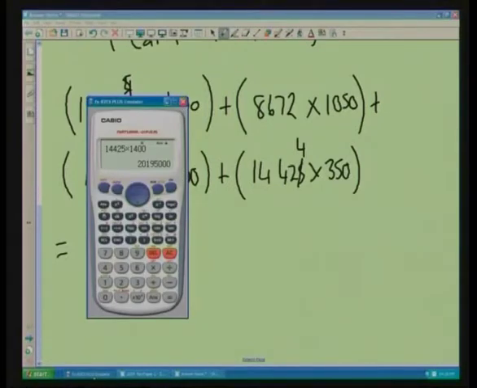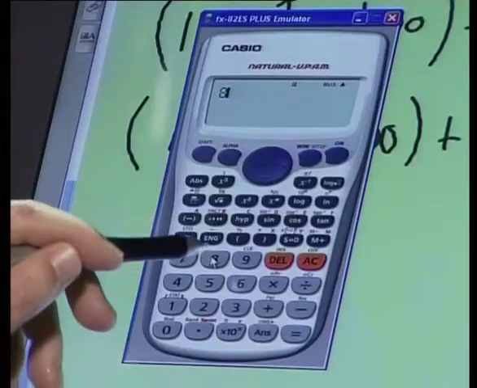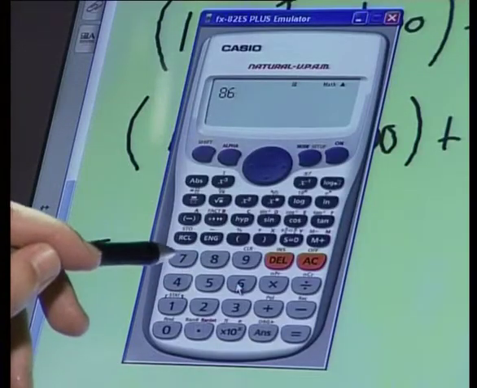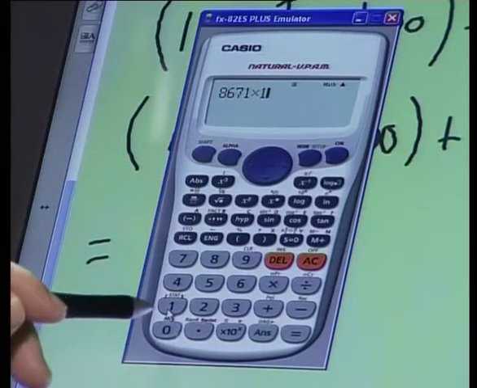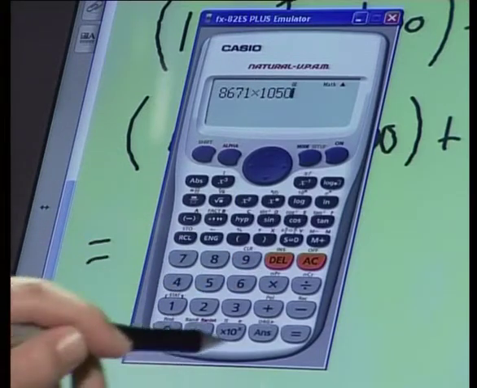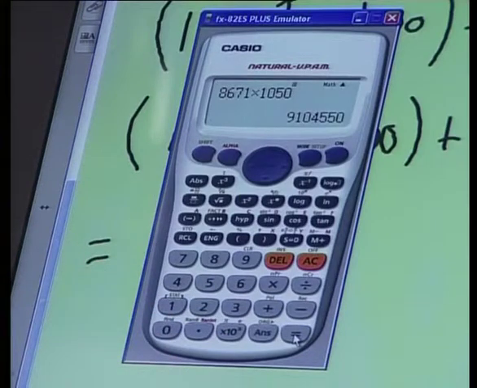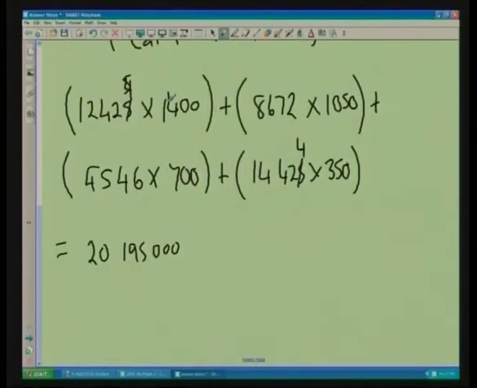And then we're going to do the second bracket. That has 8,672 people, and we're multiplying that by the ticket price, 1,050. That bracket gives 9,104,550.